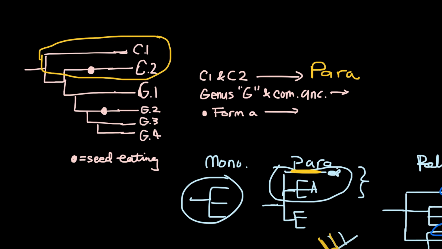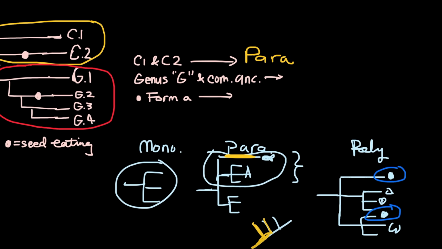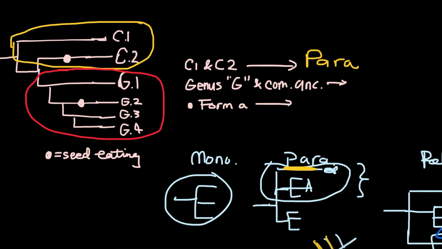Okay. The other question they could ask is all of the genus G, so G1, G2, G3, G4, and their common ancestors would form what kind of group? So we see that their common ancestors are included, the common ancestors of G1, and that means the nodes, and everything down from that node, which are all of its descendants, and no other unrelated taxa are included.